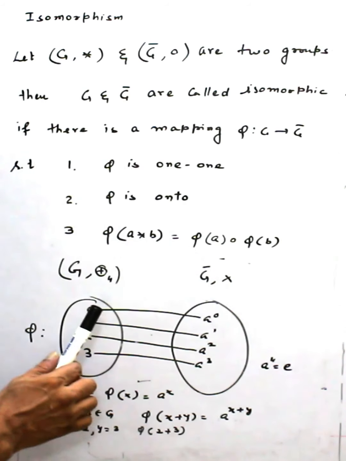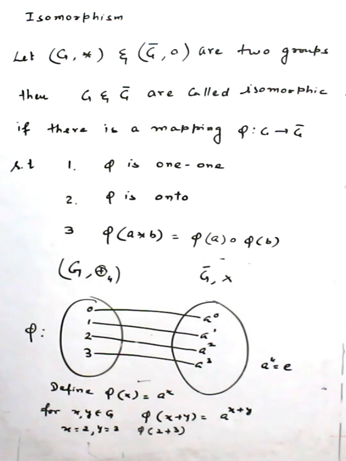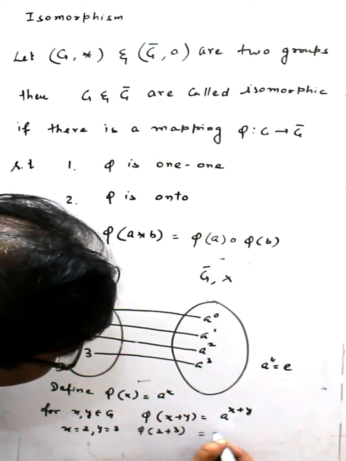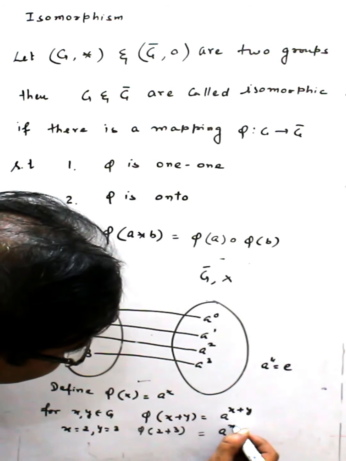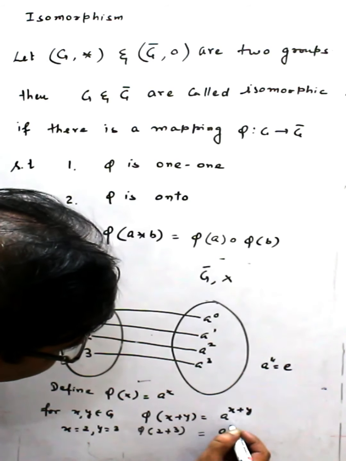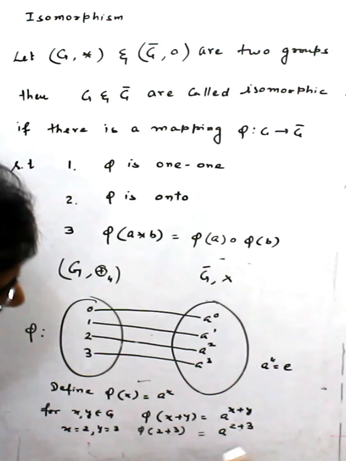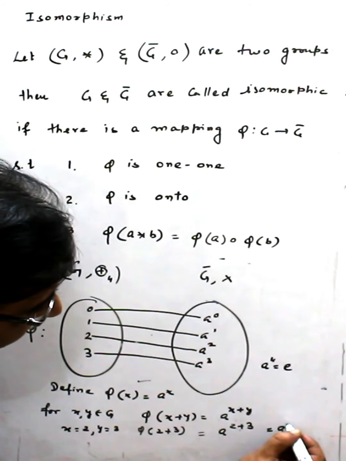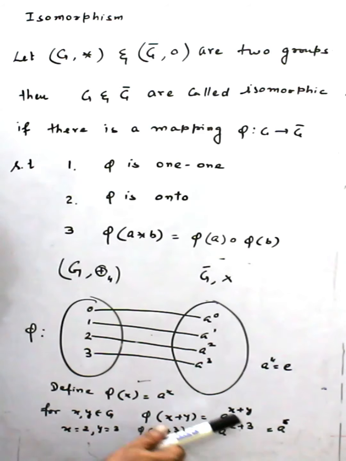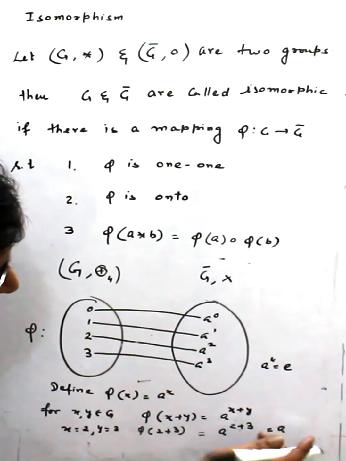5 will be divided by 4. That means it becomes a^(2+3). That is simply a^5, because a^5 is not an element in G bar.